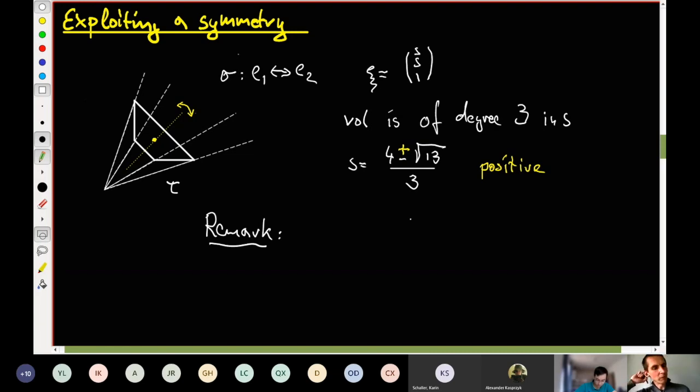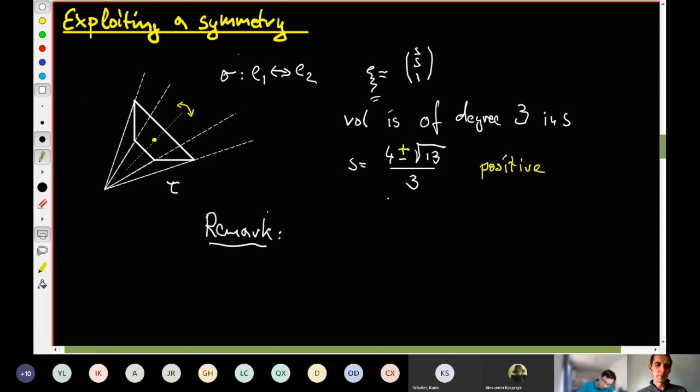So in particular, remember that originally we were looking for a Z grading, and then we observed a Z grading would correspond to a choice of a lattice point for xi. So we don't get a lattice point here, right? So if we plug in for S this irrational number, this is not going to give us a lattice point.